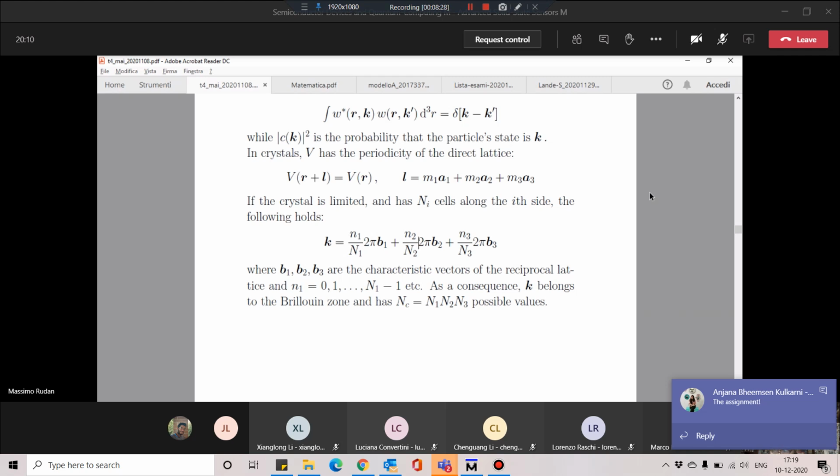And this result is that when we want to solve the Schrödinger equation, when the potential energy is periodic, we find that the solutions have a special form. And this is a very general theorem that applies actually to operators that are periodic. And the Hamiltonian, you may check it immediately.